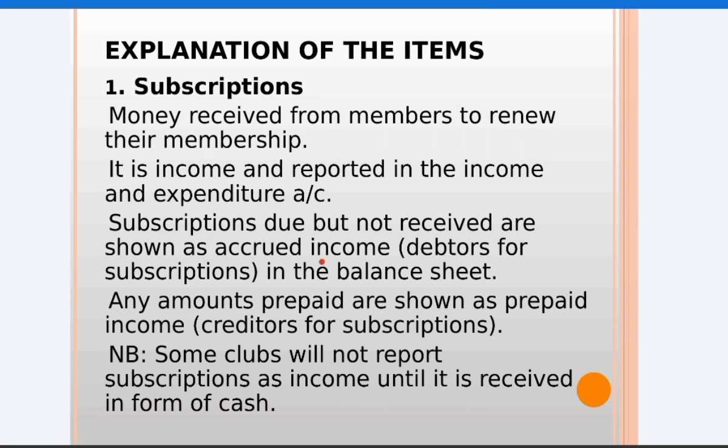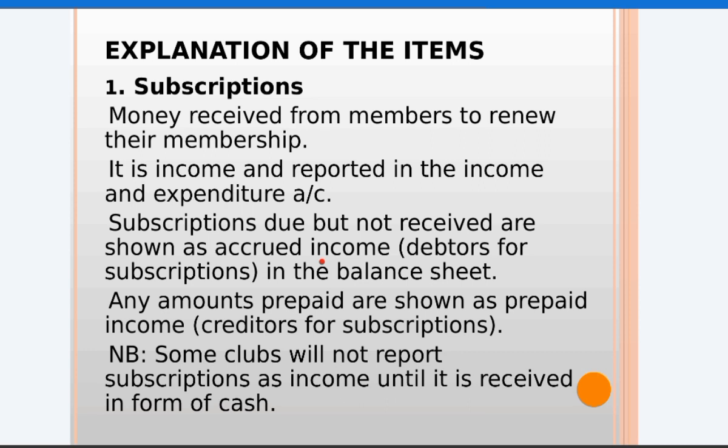But remember, for subscriptions, we treat them on the basis of accrual, unless otherwise told. So we look at the subscriptions that are supposed to be received for that particular year.